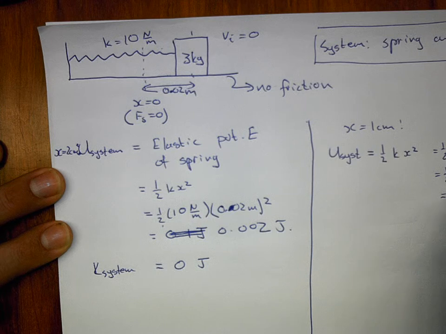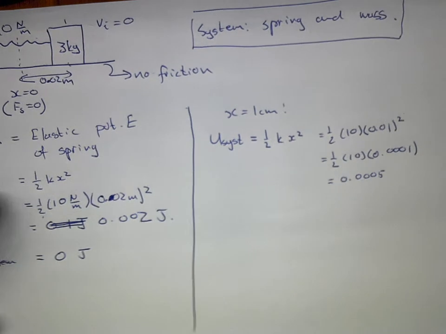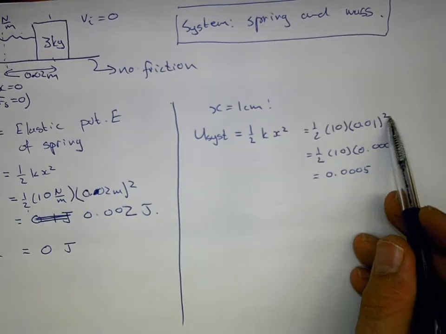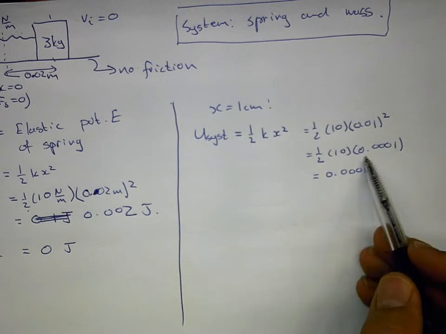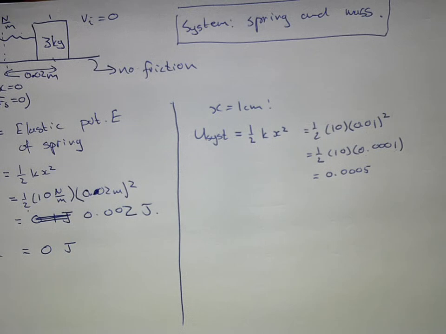So this is a half times 0.001 if we multiply in the 10. Just see if you agree with my calculation. If we square that, we get this. Multiply by 10, so basically move the decimal one back, but divide by a half. Right, does that make sense?